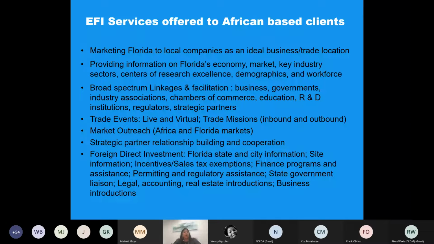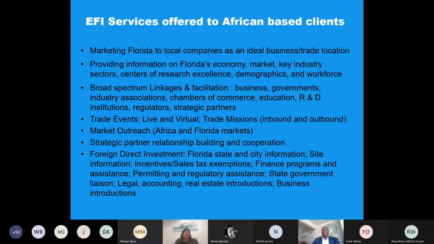We again provide broad spectrum linkages and facilitation, everything from business to business linkages, government linkages, industry associations, strategic partner linkages, whether that be chambers of commerce, educational institutions, R&D institutions, again, industry associations. We have facilitated discussions and linkages with sister city agreements, ports agreements.